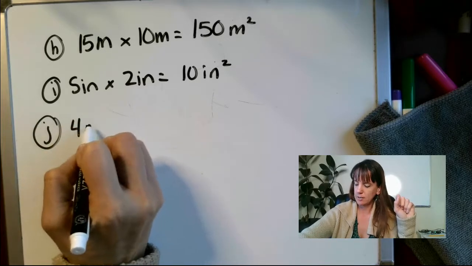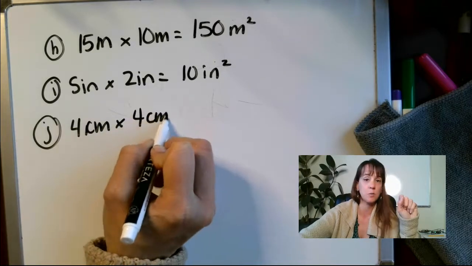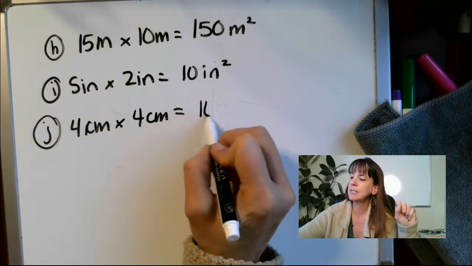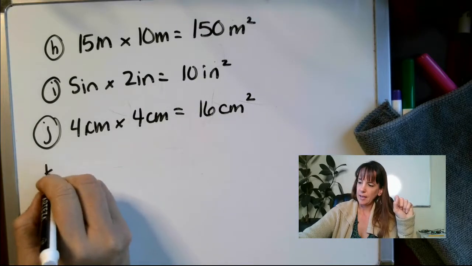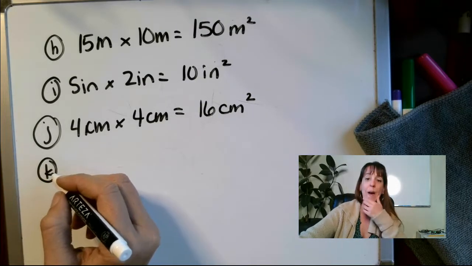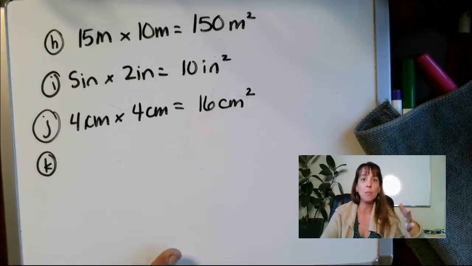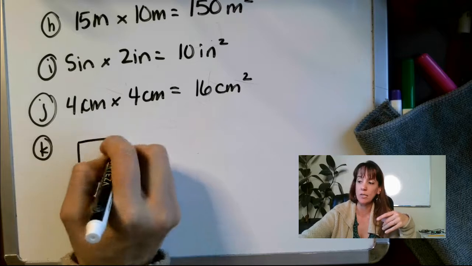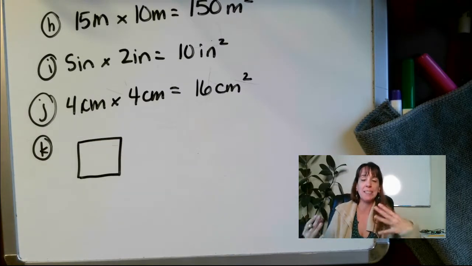J, 4 centimeters by 4 centimeters. So this one's a square, right? It is 16 centimeters squared. Okay, if the perimeter of a square is 20 meters. Now guys, remember the perimeter is adding up all the sides. Well, we know that this is a square because they just told us. And the deal with a square is that it's 4 sides, and they're all exactly the same.